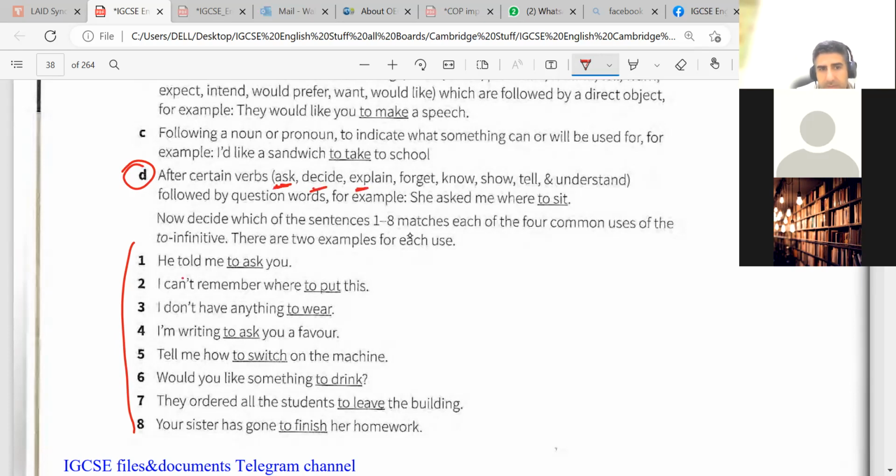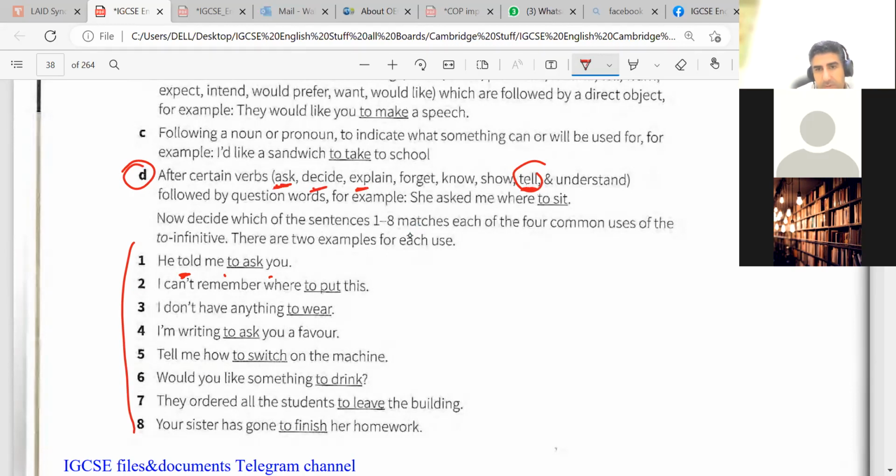Here, told me. So right here, to ask, why? Because after tell. He told me to do homework. He told me to go out. He told me to stop talking. Does it make sense?